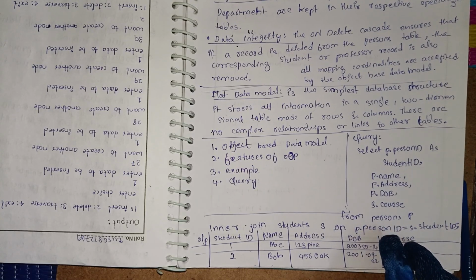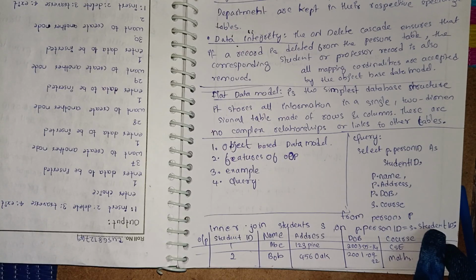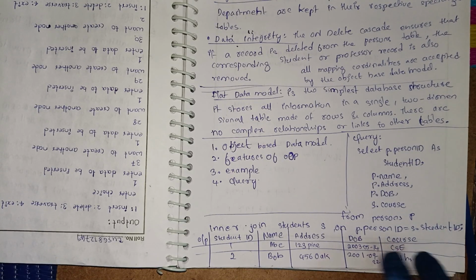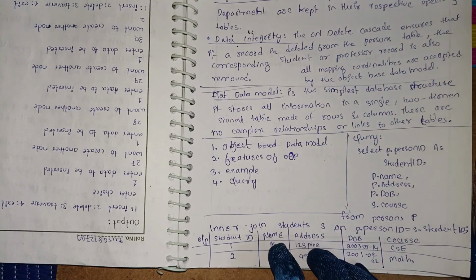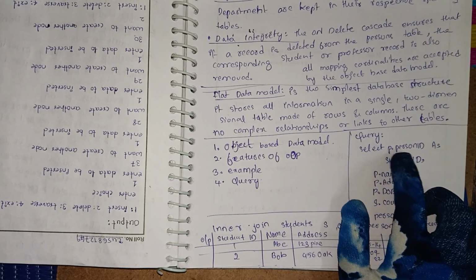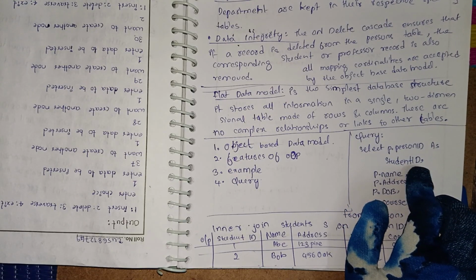P is used for the person table and S is used for the student table. So here, first select P dot person ID as student dot ID semicolon.